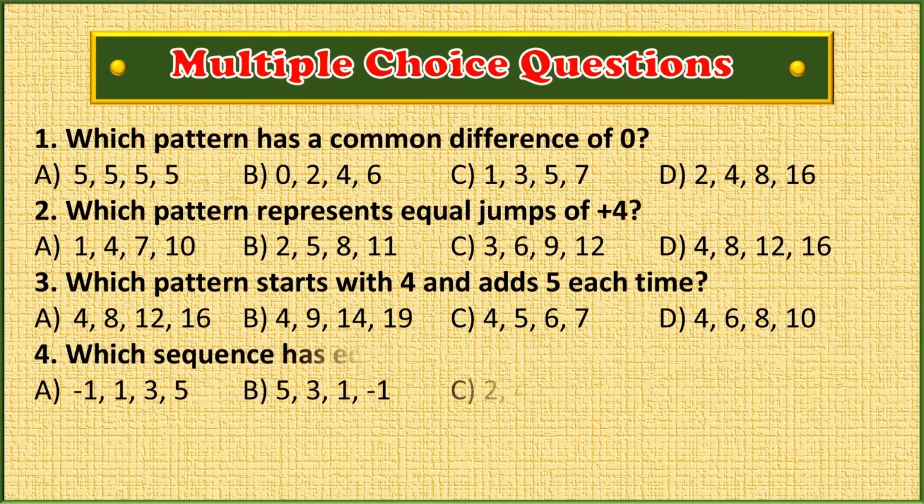Which sequence has equal gaps of -2? This is asked to clarify the doubts on misconception 1. -1 1 3 5, 5 3 1 -1, 2 4 8 16, 2 1 0 -1.